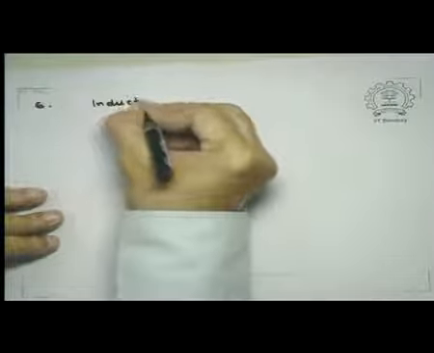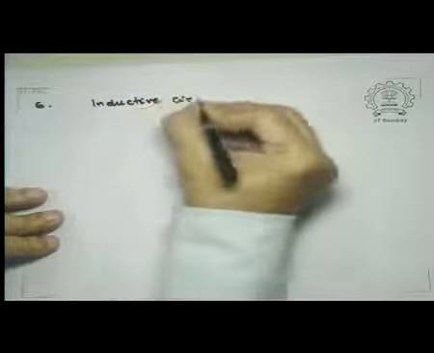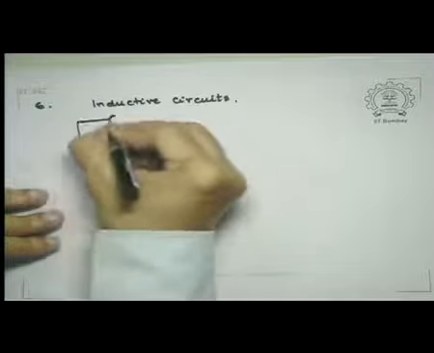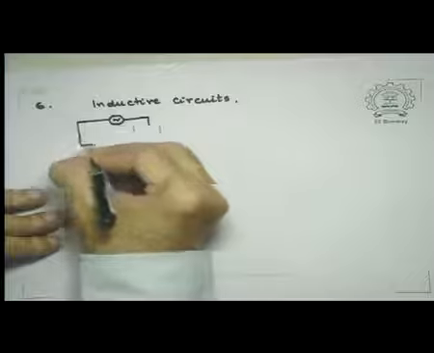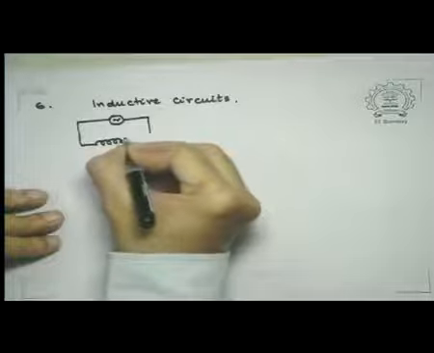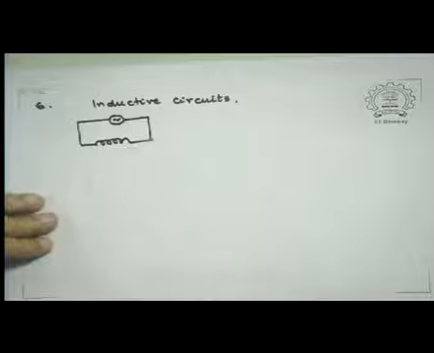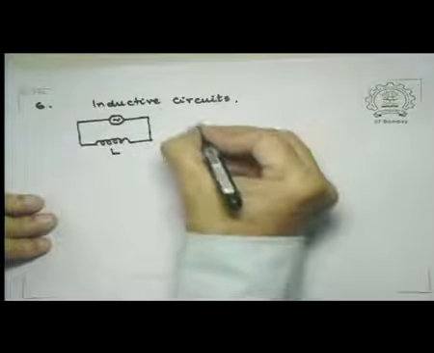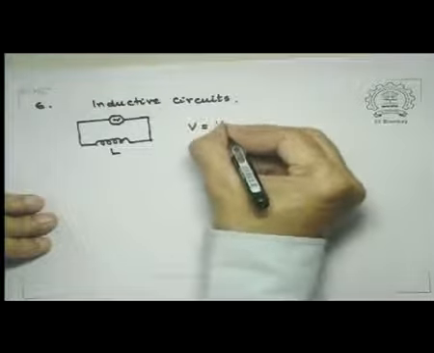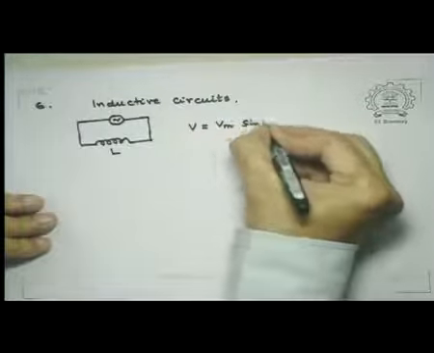If on the other hand we have an inductor in the circuit, so inductive circuits, this is the representation of an inductive circuit. So once again, let us take voltage to be given by Vm sin omega t.